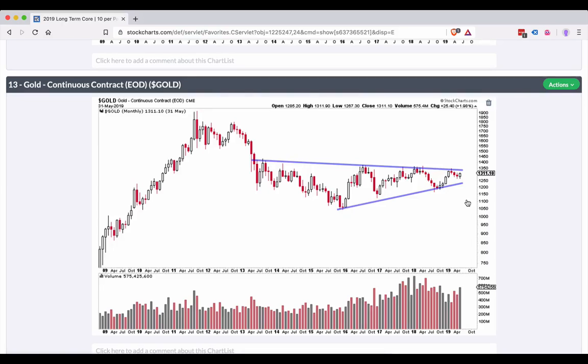But when we look at the longer-term picture and smooth out all of that noise over the past 3 months, this looks like a potential flag or just a high, tight consolidation. If we can start to get some traction above 1320, and then really 1350 or so, that's going to be the important area where we would want to see the bullish breakout.